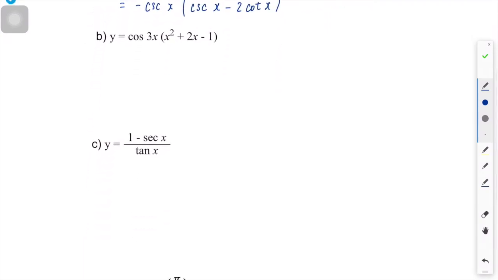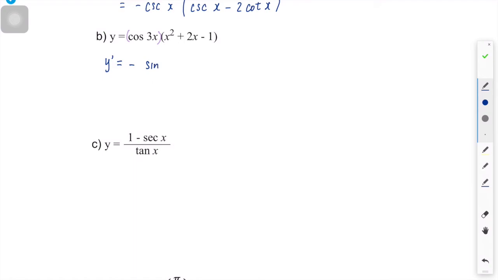4b. y is equal to cosine 3x multiplied by x squared plus 2x minus 1. If it helps, include brackets around cos 3x. So now you see that we're actually multiplying a cosine function by a quadratic. y prime is the derivative of the first term or first factor.